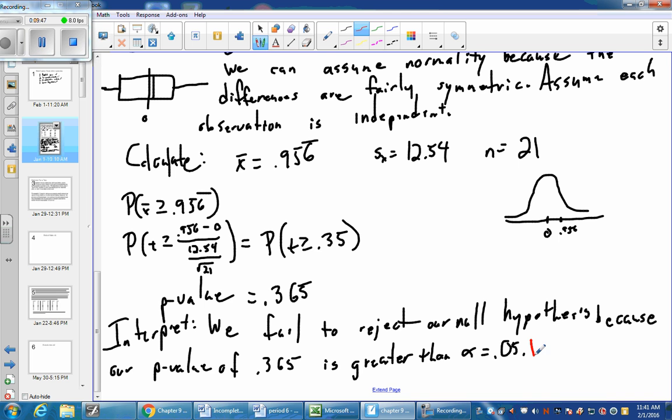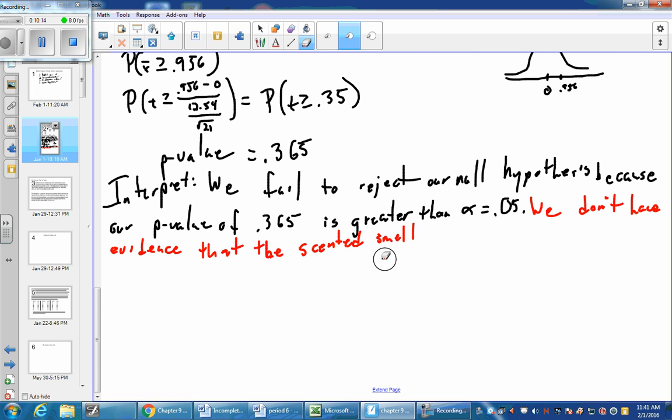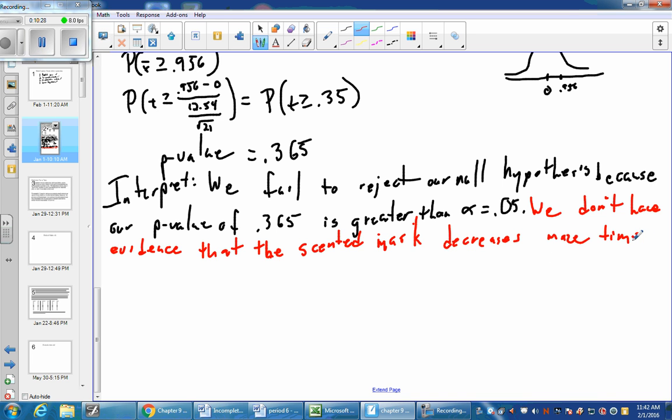So we don't have evidence that the scented mask decreases maze time. All right.